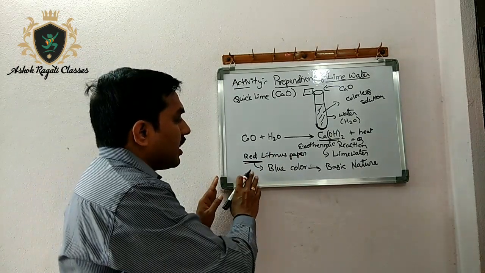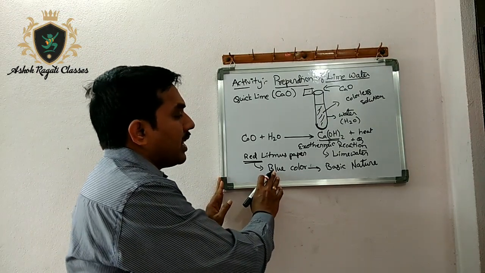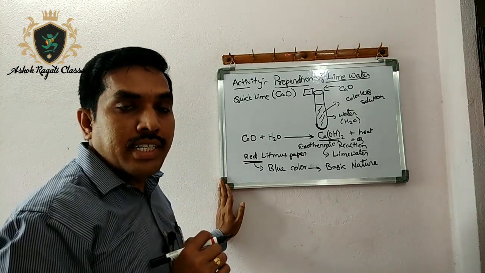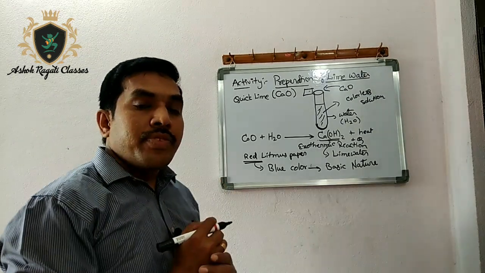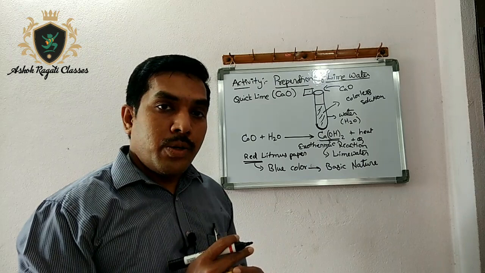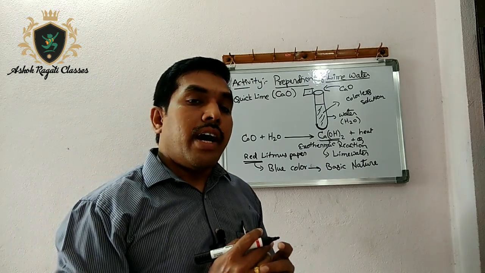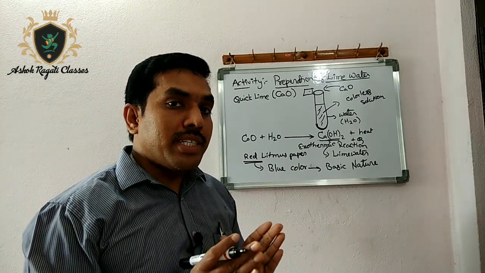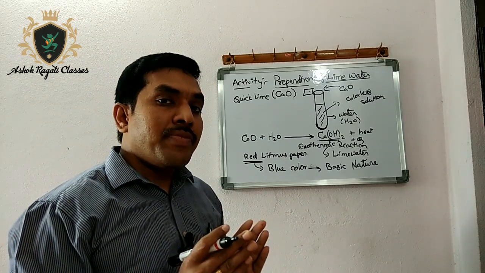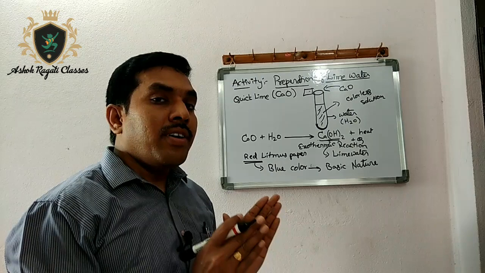If it does not turn blue, it is acidic in nature. Understood? Here we already know the clue: acid changes blue litmus, but base changes the color of red litmus.